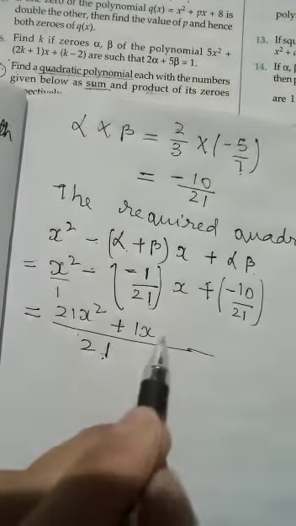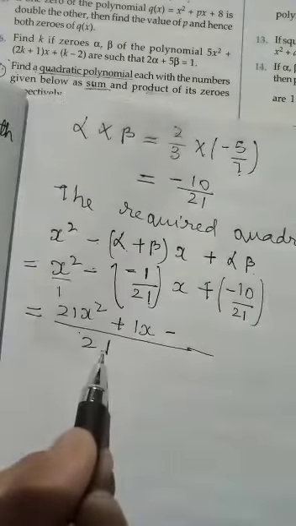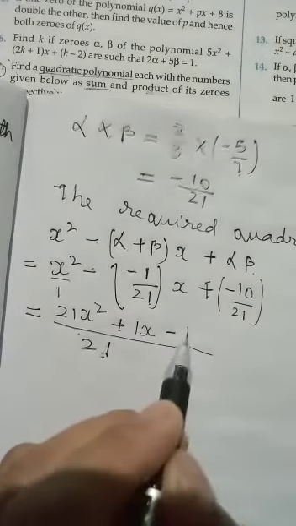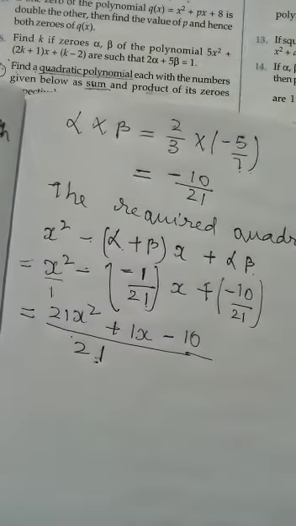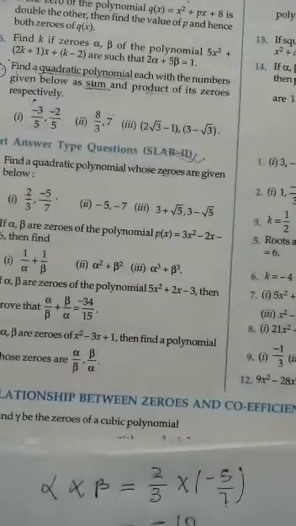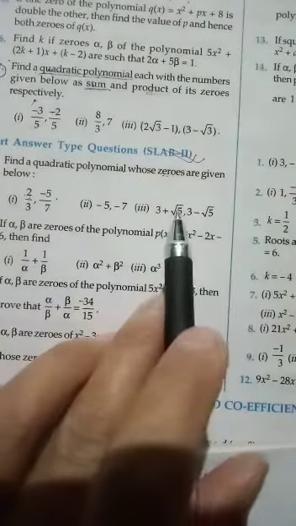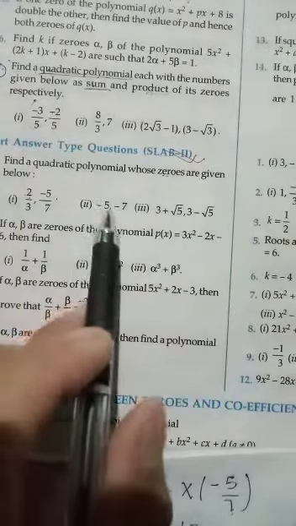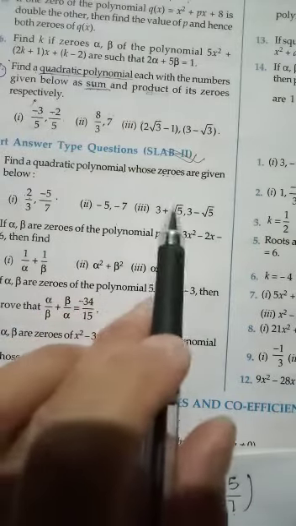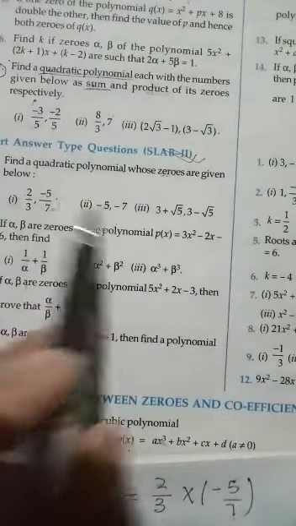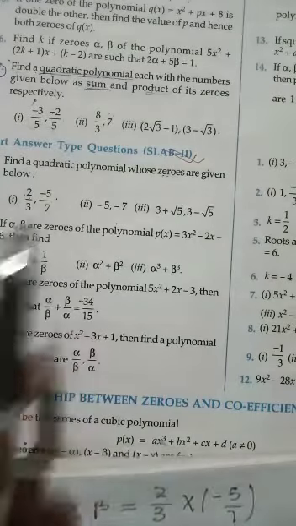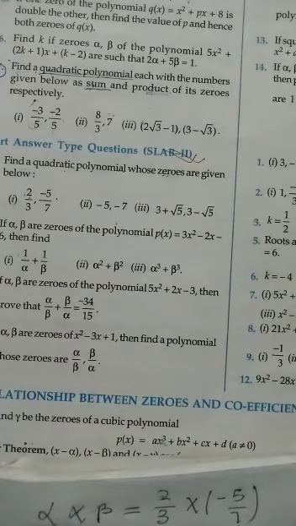Plus to minus, minus. 21 divide 21, 1. 1 into 10, 10. So this is the required quadratic polynomial. The same way, you try number 2 and number 3. Take these as alpha and beta. So first find the sum, find the product, then replace in the formula to get the final answer.